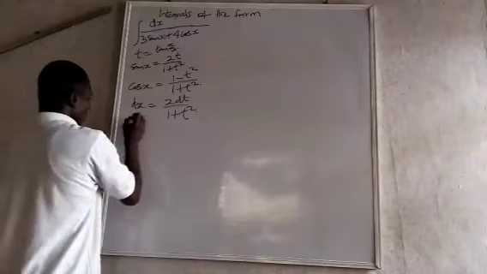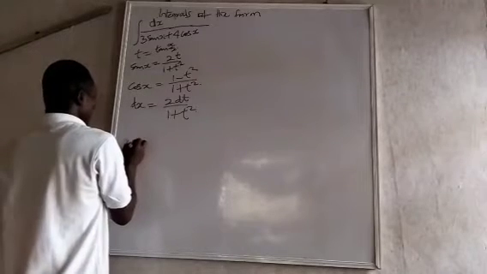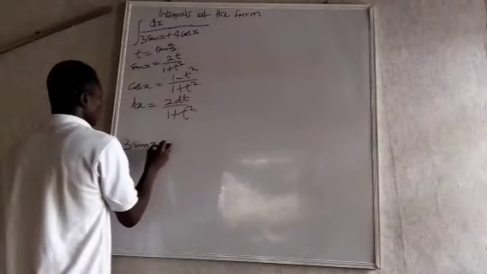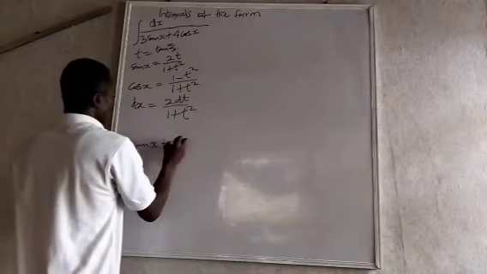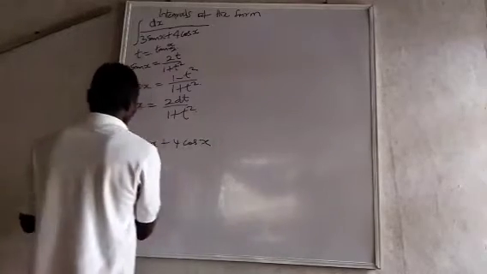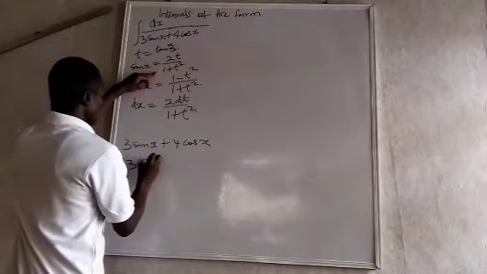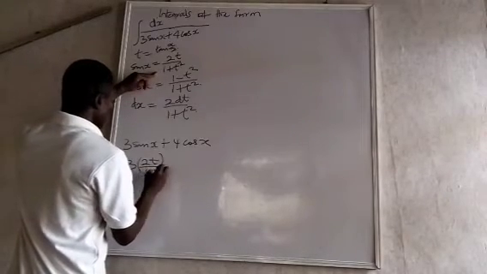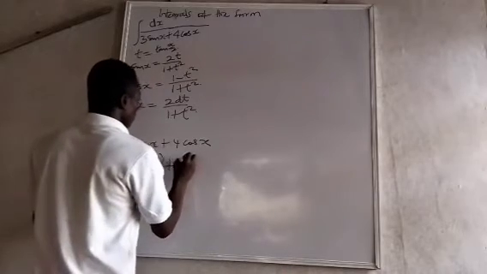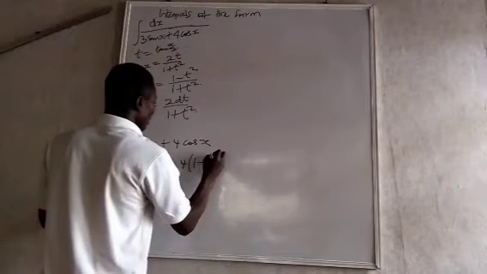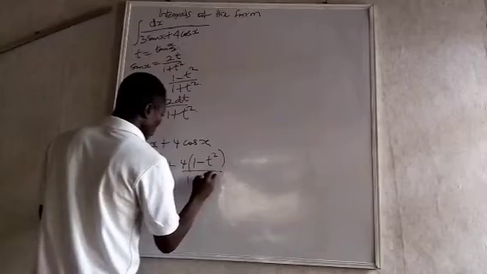So with this, we will now do the necessary substitution. Let's work on the denominator first. 3 sin x plus 4 cos x will be equal to 3 into 2t over 1 plus t squared plus 4 into 1 minus t squared over 1 plus t squared.